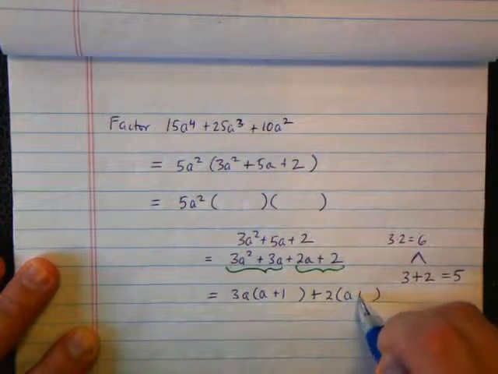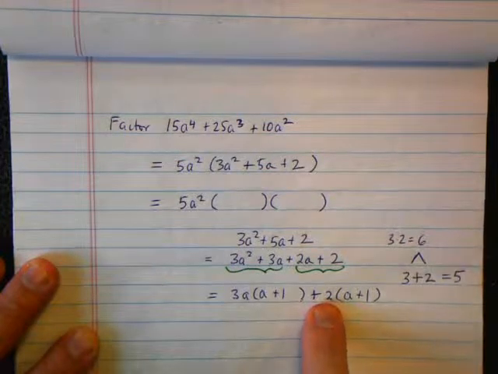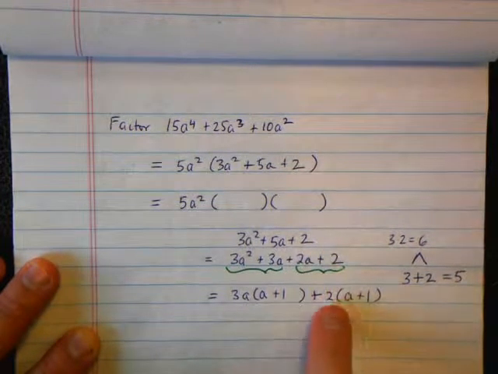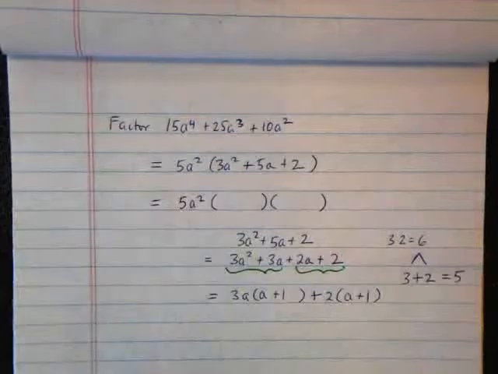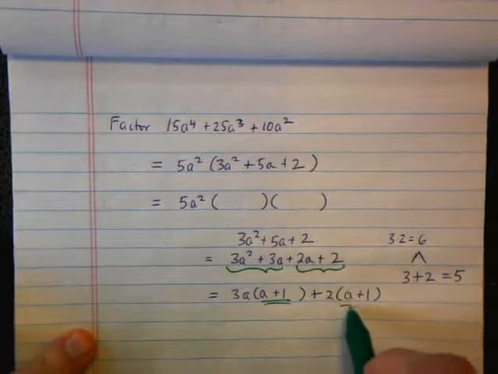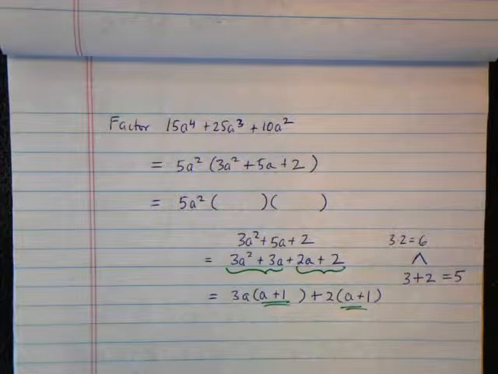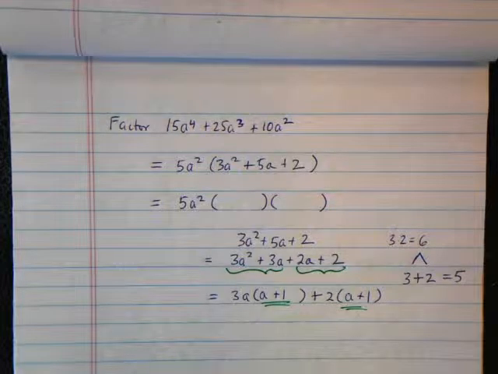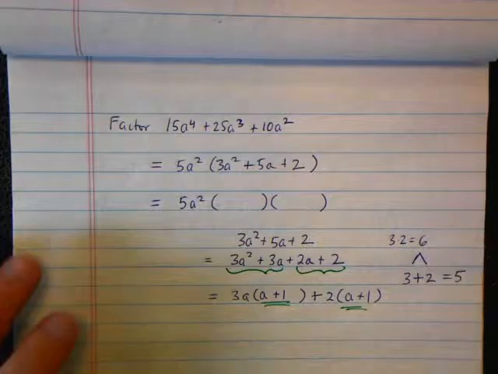Just a plus 1, not 2a plus 1, because 2 times a gives me the 2a, 2 times 1 gives me the 2. I'm very confident I'm doing it correctly because those 2 things match up exactly. If those 2 things do not match up exactly, you know for certain that you made a mistake. When they do match up exactly, you can be pretty certain you haven't made a mistake.